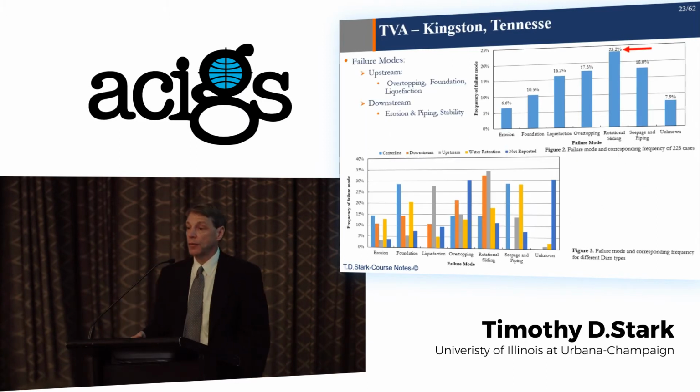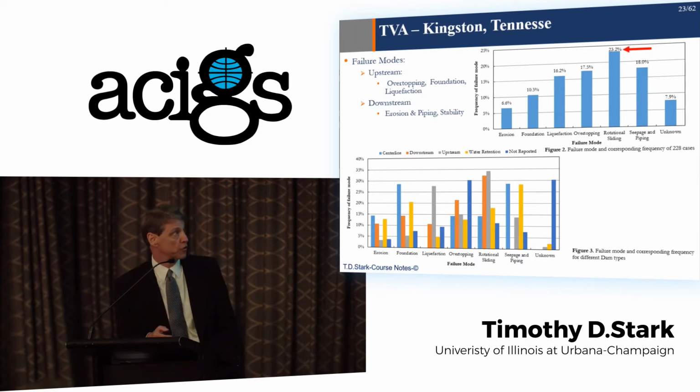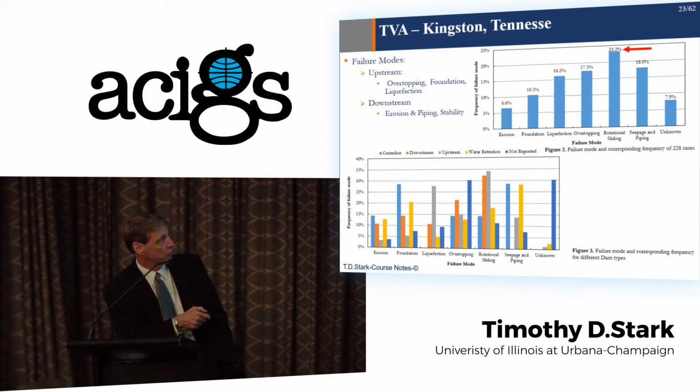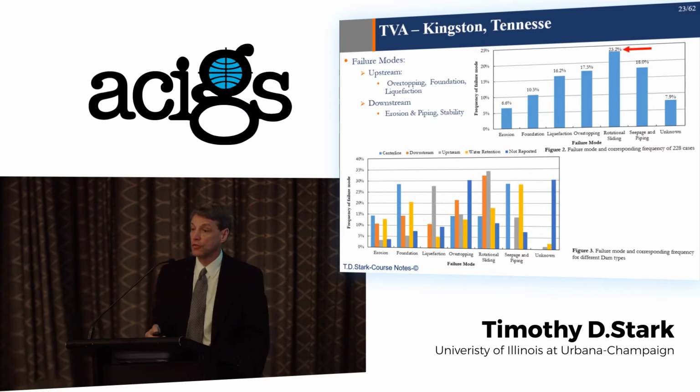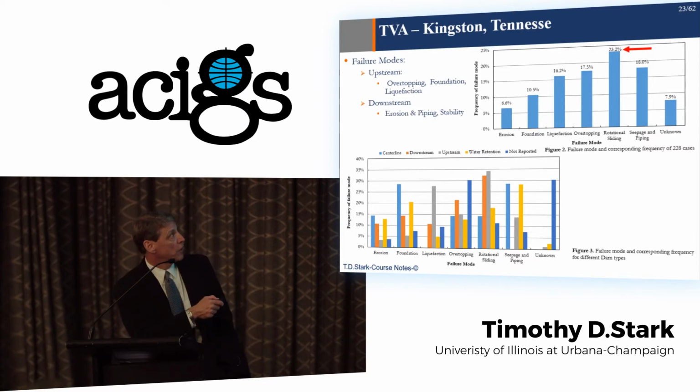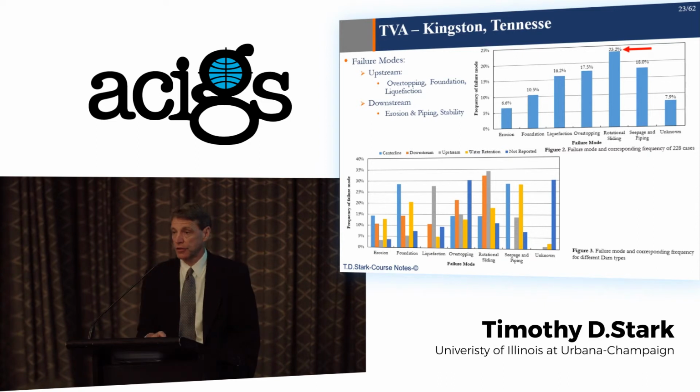Now we can break that up further and look at upstream, downstream failure modes. So the upper graph is kind of similar to the last one you saw, but now we can come down to this lower graph. These different colors are different modes of failure and direction. So centerline is the blue, the orange is downstream failure, upstream is the gray, and the water retention area is the yellow, and not reported as miscellaneous.